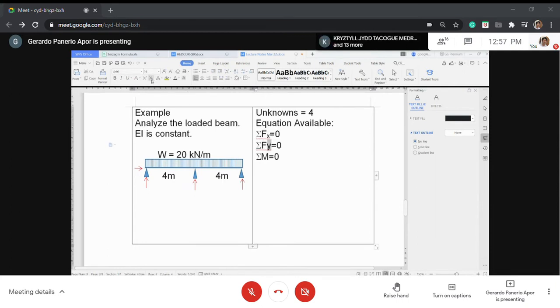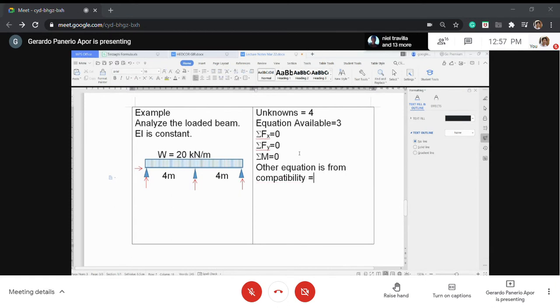So three is what you can do. So meaning, the solution is you need another equation, because the equations available are only 3. Okay, so the other equation is from compatibility.